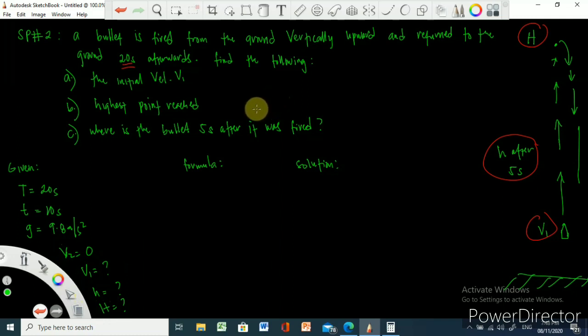Wala na. What are the equations? Like I said earlier, V1 is equal to g times small t. Okay? Height after a certain time is equal to V1 times time plus or minus. Which one will we use?